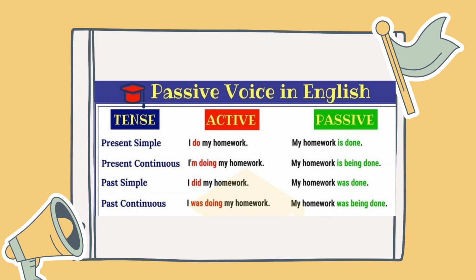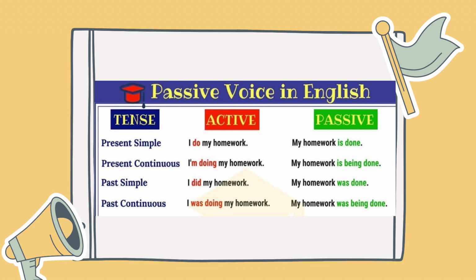Second, present continuous. I am doing my homework. And changed to the passive, it will be: my homework is being done. Number 3, past simple. I did my homework.